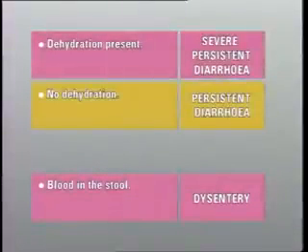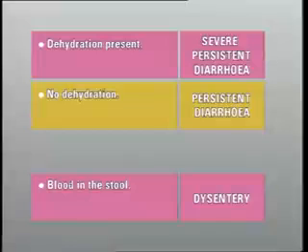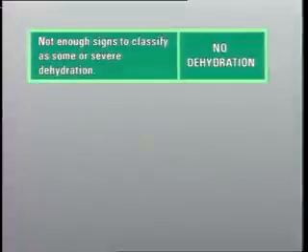As Jenny has had diarrhea for less than 14 days, she is not classified for persistent diarrhea. As there was no blood in Jenny's stools, we decided that she does not have dysentery. We would therefore classify Jenny as diarrhea with no dehydration.